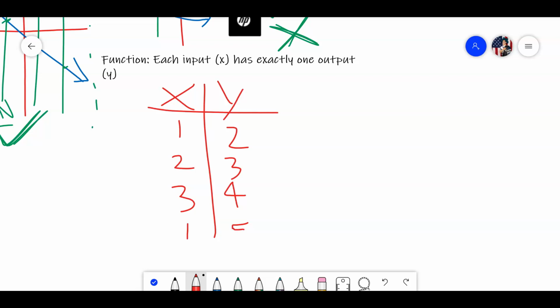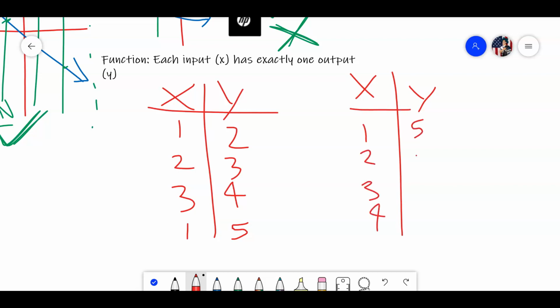We said that a function means for each x, there's only one y. So Miss Marrero, what's the way to tell if this is a function or not? There are two ways. You look at just the x values and see if there are any repeating x's. If there are any repeating x's, then no, it's not a function.